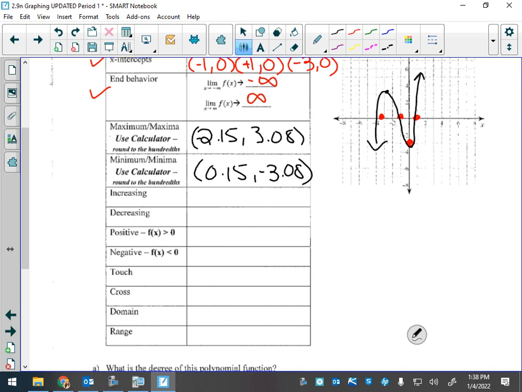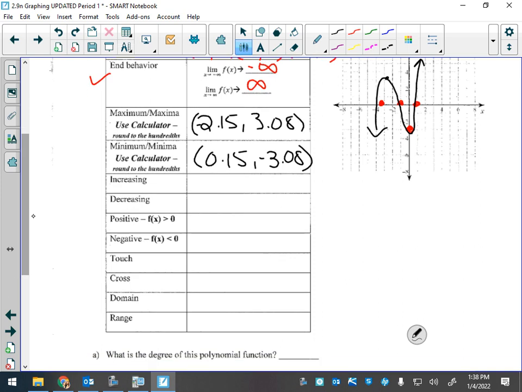Okay, so now, where am I increasing? Brayden, where am I increasing? Okay. Increasing is from left to right, so it's from here to here, right?